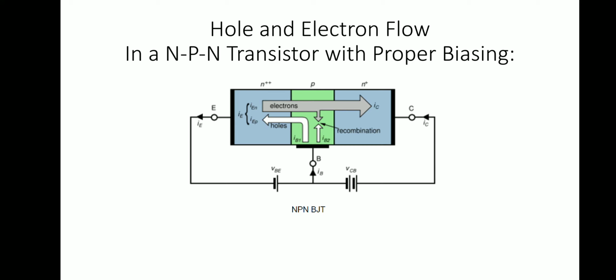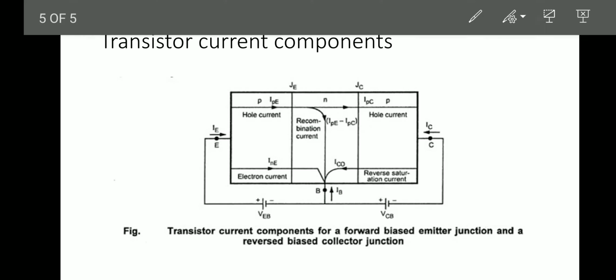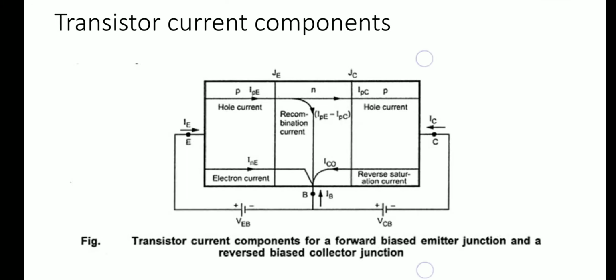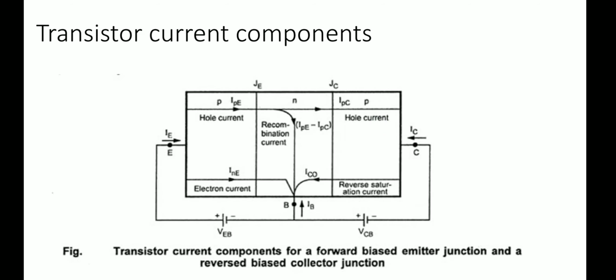We can also represent the current components for a PNP transistor. This is the figure that represents the current components. From the emitter there is a hole current, represented as IPE, and part of IPE is lost due to recombination with electrons at the base region.